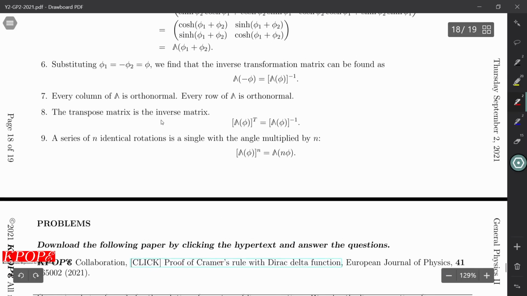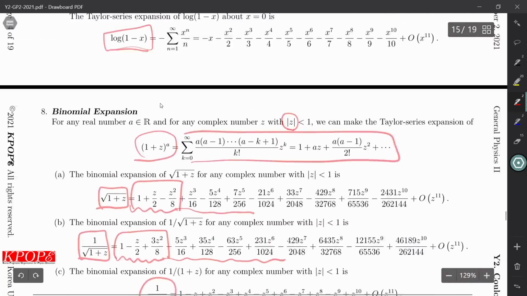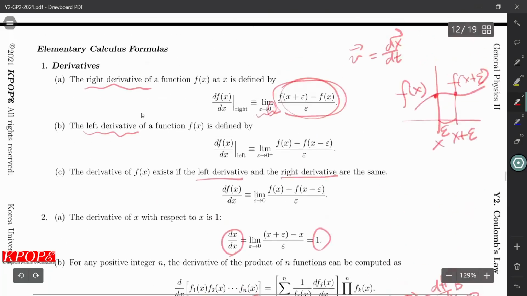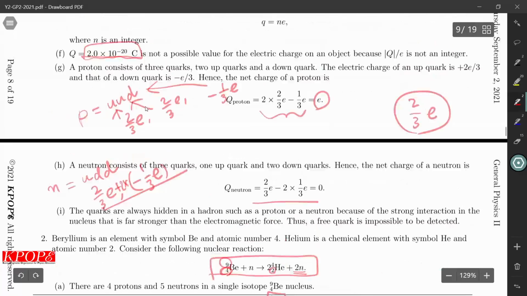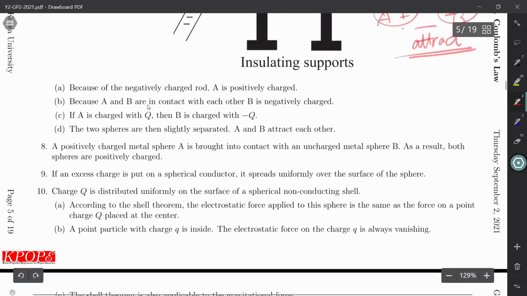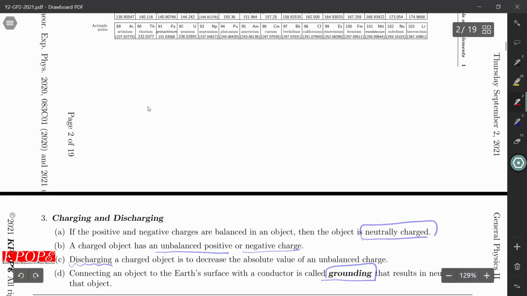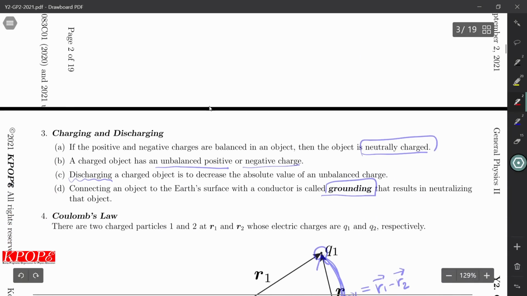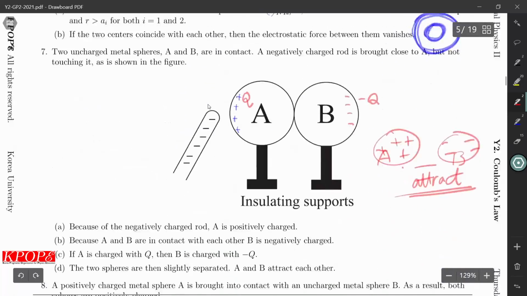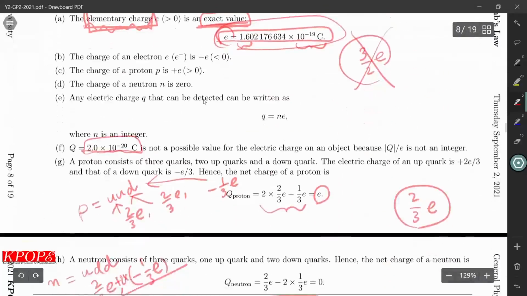Alright, so today we have studied elementary concepts involving Coulomb's law, and at the end of the class we have studied some mathematical formulas.